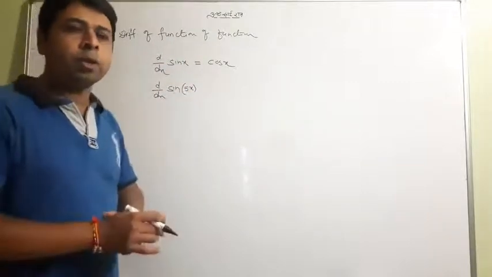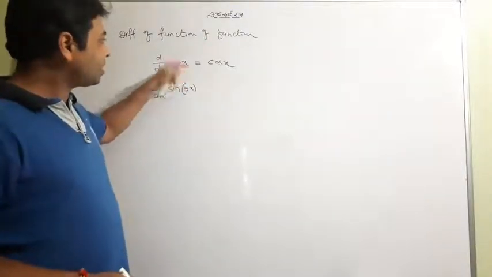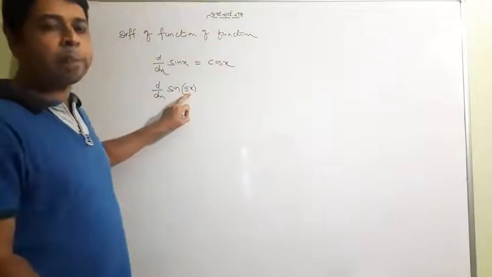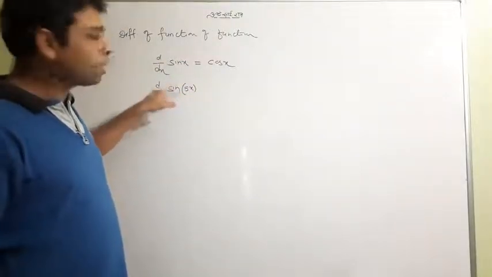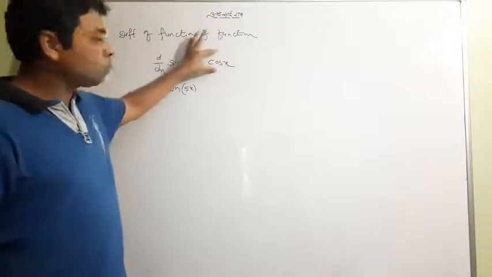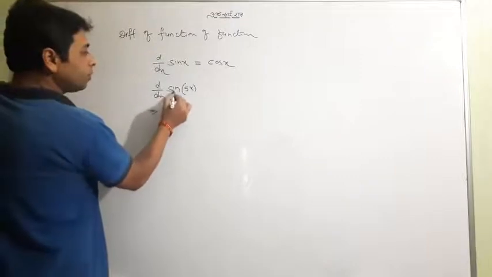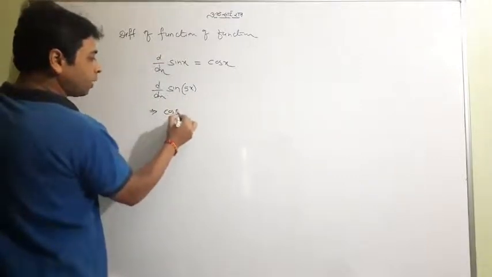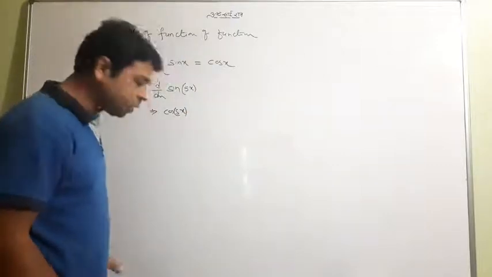This time the function is definitely in x, so x is changed to 5x, a bit of change has happened in x. It looks the same, and the answer for sine x was cos x. You are expecting that the differentiation of sine 5x will be only cos 5x, because it looks very much the same, but it is not so.